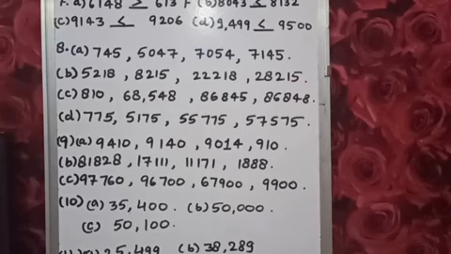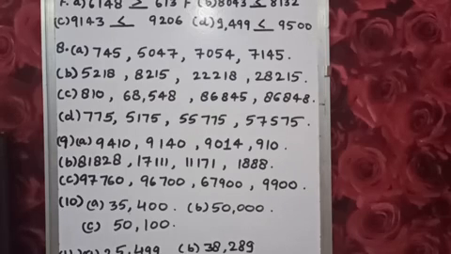So if you add 1 to 50,099, what will you get? 50,100. Okay, so the successor of 50,099 will be 50,100. Okay, now question number D, E and F you have to do. It's your homework. A to C we have done.